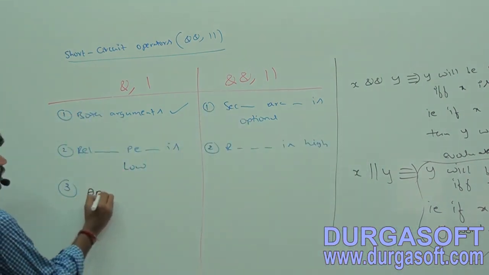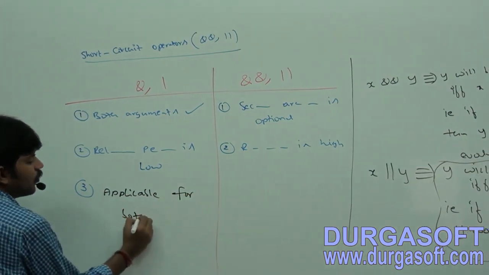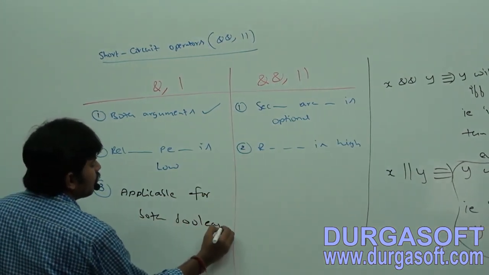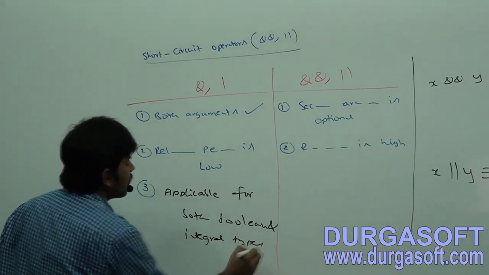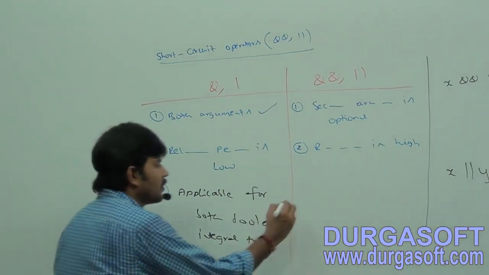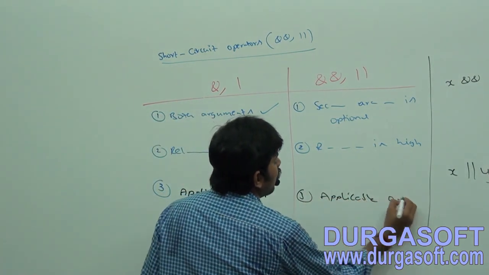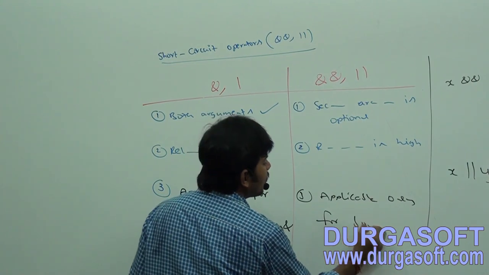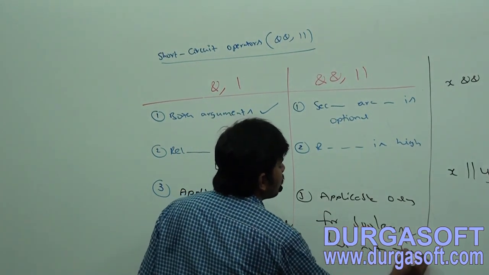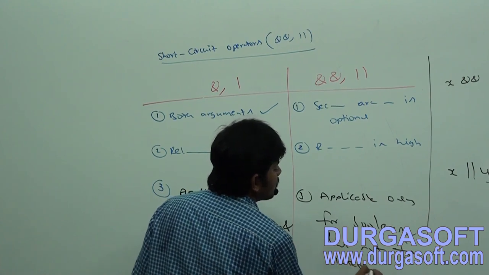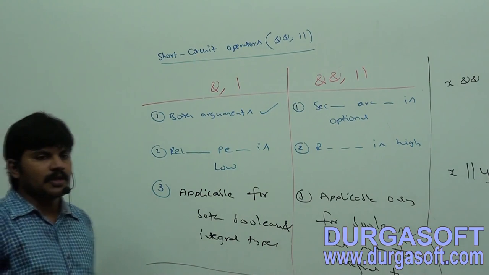One is applicable for both Boolean and integral types, the other only for Boolean, but not for integral types. I hope you people are aware.